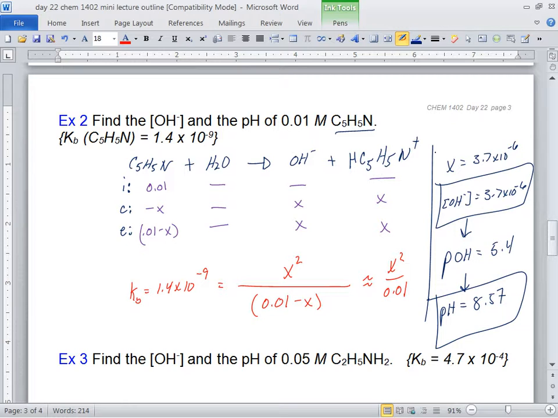But it's kind of easier, since you already have this in the calculator, just take the log of this, because that's POH, right? And so POH is 5.4. And then pH plus POH is 14. So since it already has a negative sign on it, you can just add it to 14, because that's subtracting it. 8.57, yep.